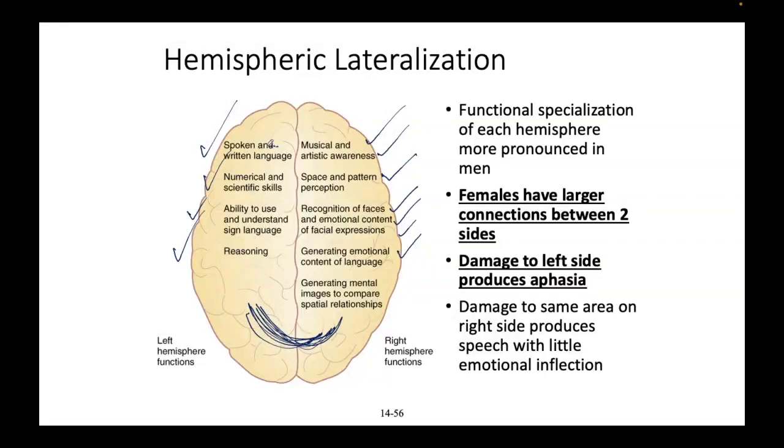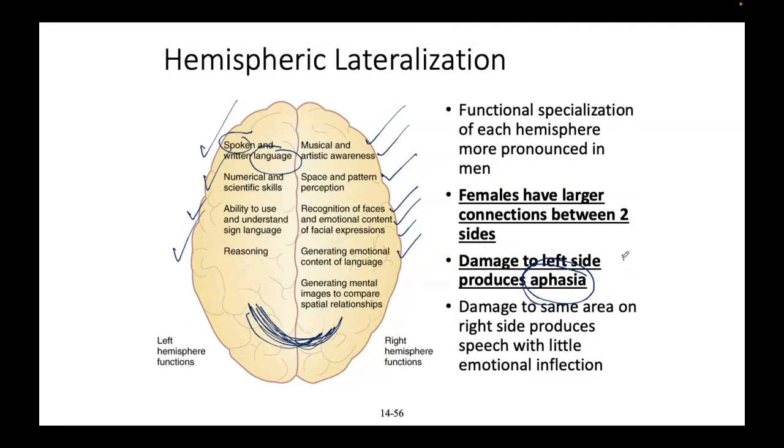Because language, spoken and written, is controlled mostly on the left side, when someone has a stroke or lack of blood flow to the left side of the brain, it can produce something called aphasia, which is the inability to speak.